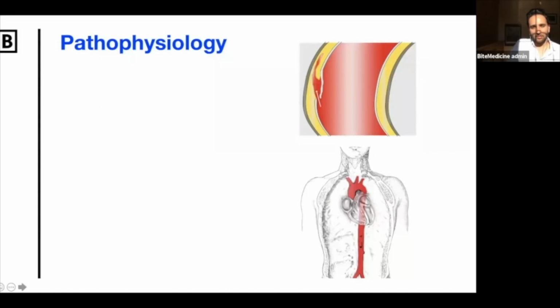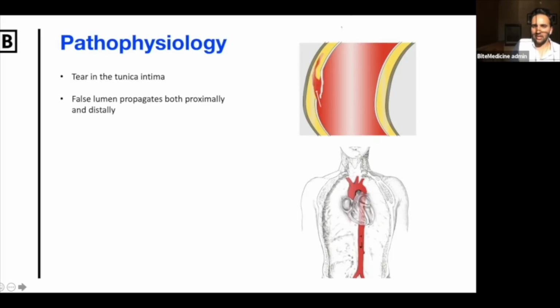So this chap has an aortic dissection, which is pretty bad news. Bit of pathophysiology. As you can see in this diagram, it's a tear in the tunica intima. Blood is flowing up here, there's a tear here, and it bursts out into the tunica media. This forms a false lumen.